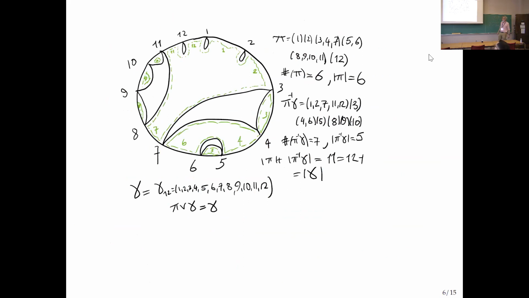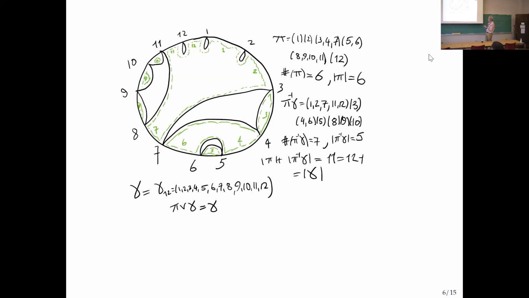Okay. So here I'm drawing my partitions on a circle now. Pi has 1 as a singleton, 2 as a singleton, then 3, 4, 7 is a block, 5 and 6 is a block, and then we have 8, 9, 10, 11 as a block, and 12 is a singleton.